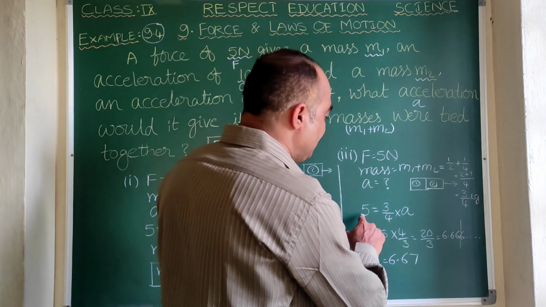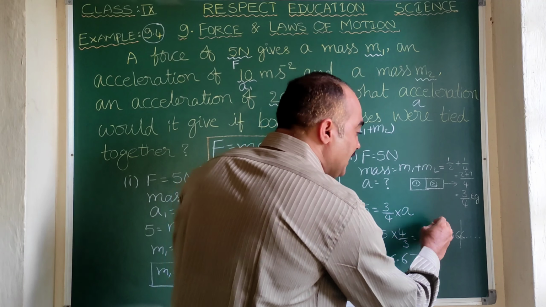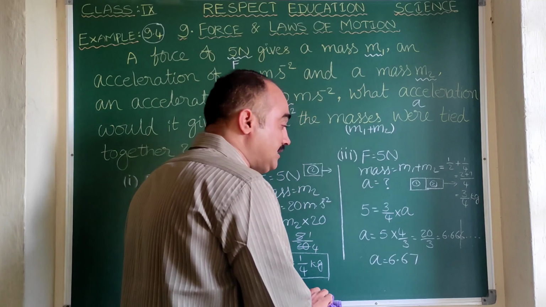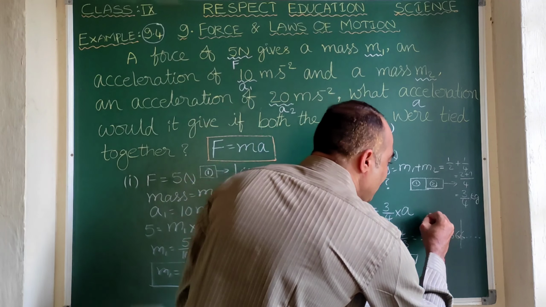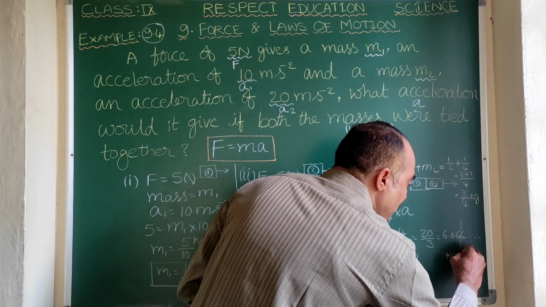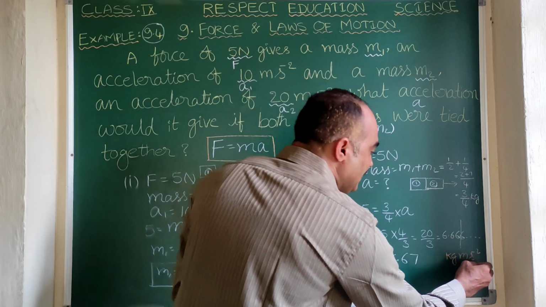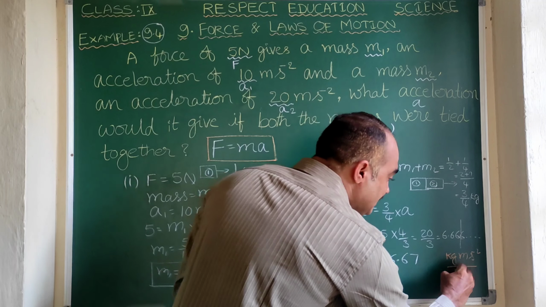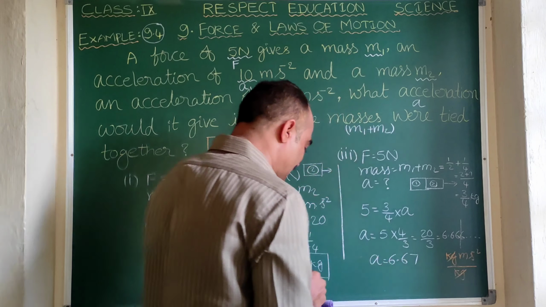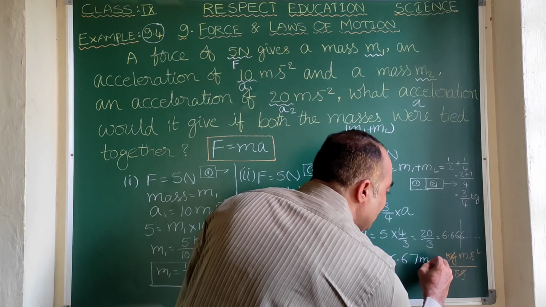What about the units? As you know, this is Newton and this is kg. Newton is in kg meter per second square, right? And the mass is in kg. So kg get cancelled. So the unit of acceleration is meter per second square.